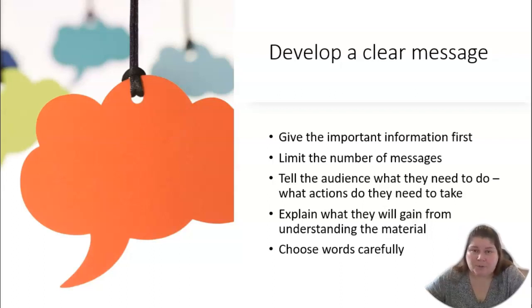So keep it simple. Use a tone that encourages your audience, and make sure you're avoiding abbreviations. Limit your use of statistics and limit your use of symbols in your messaging. And I'll talk more about that in just a couple of minutes.